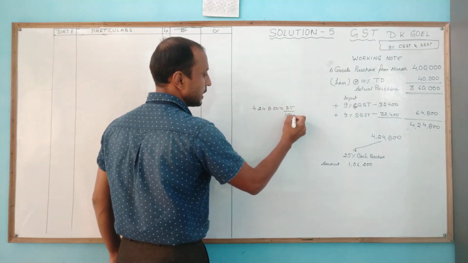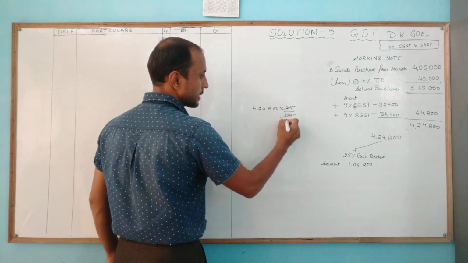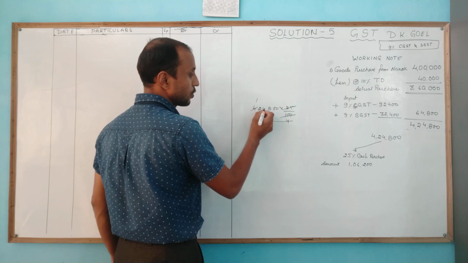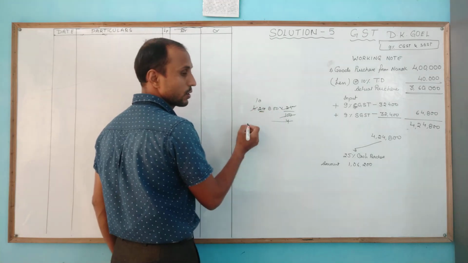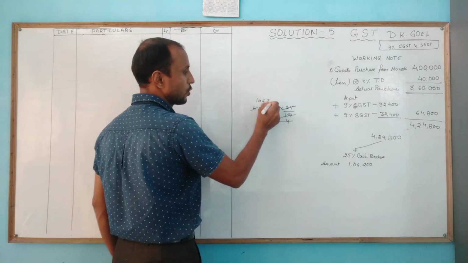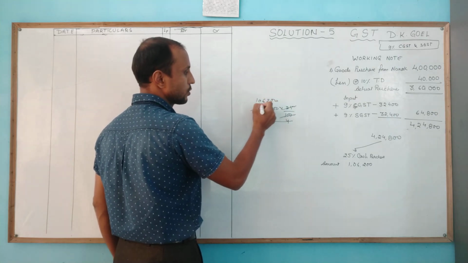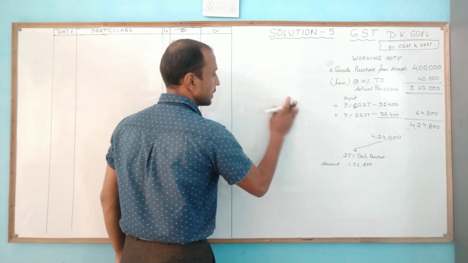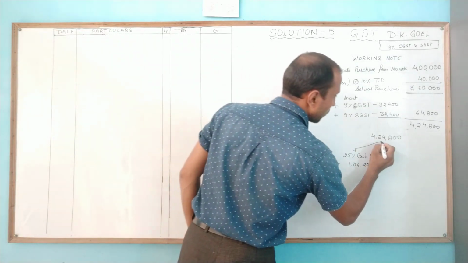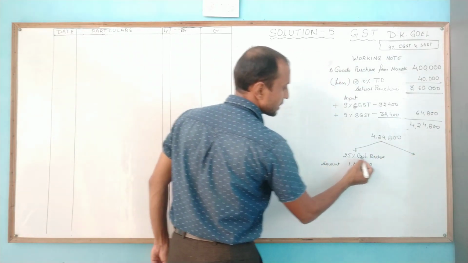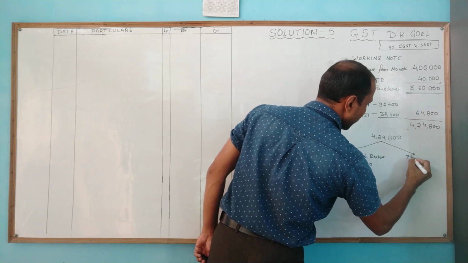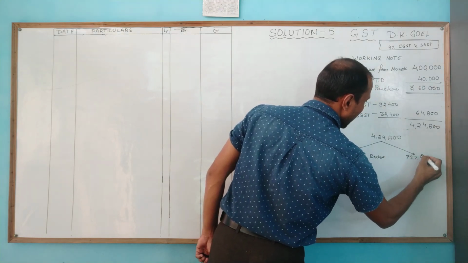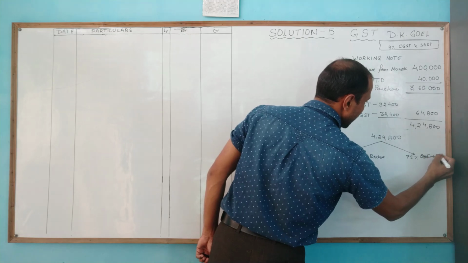So if we cancel it like this, 4 comes, 4 1s are 4, again 24, so 4 0 will be here, both. 4 6s are 24, 4 2s are 8, again 2 0, so you can see 1,06,200. I have calculated like this, so it is easy to calculate. Now you can see 25% is here, that means 75% is on credit purchase.